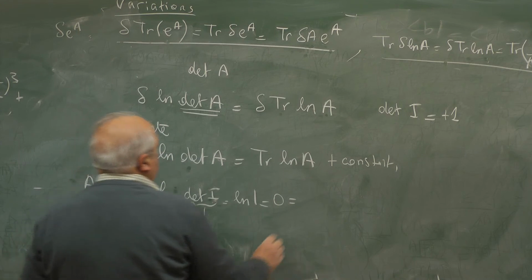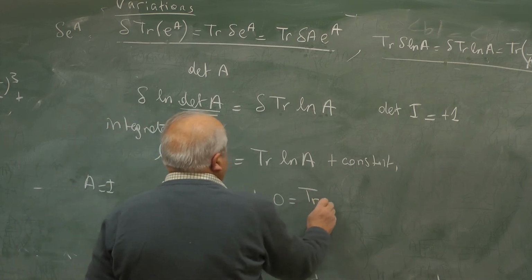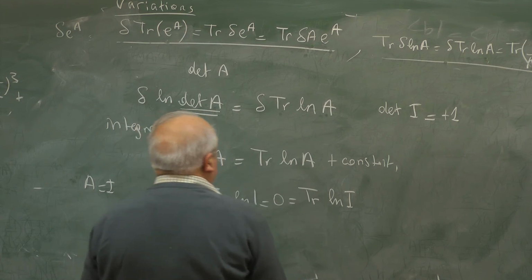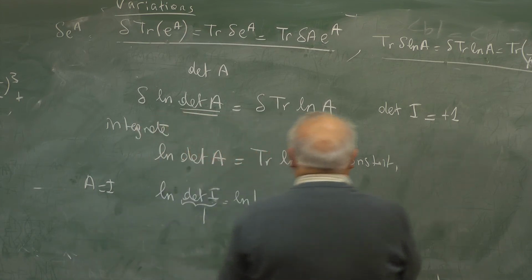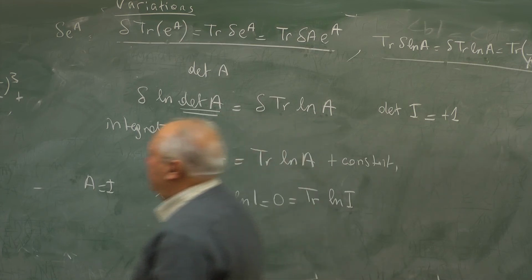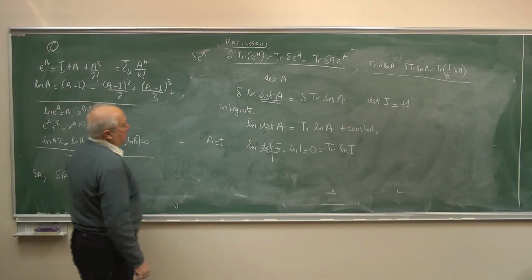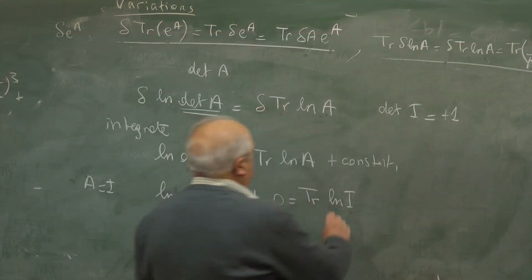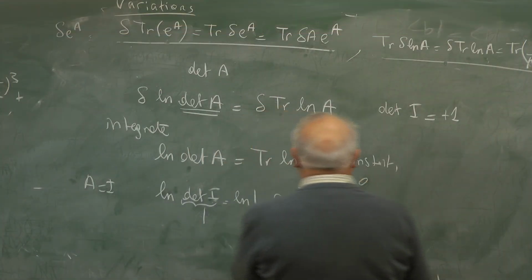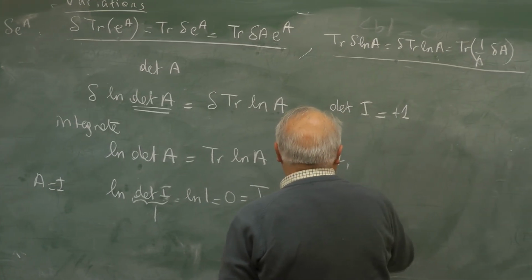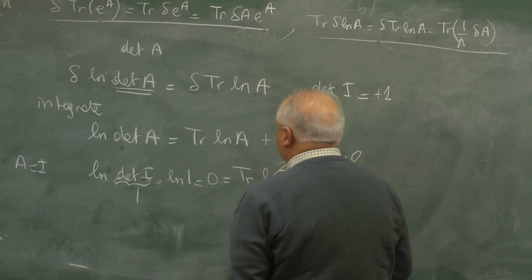That's equal to trace of log I. Log I is 0 because if you put I instead of A, all the terms are 0. So the trace of the 0 matrix is 0 plus constant. So the constant is 0.